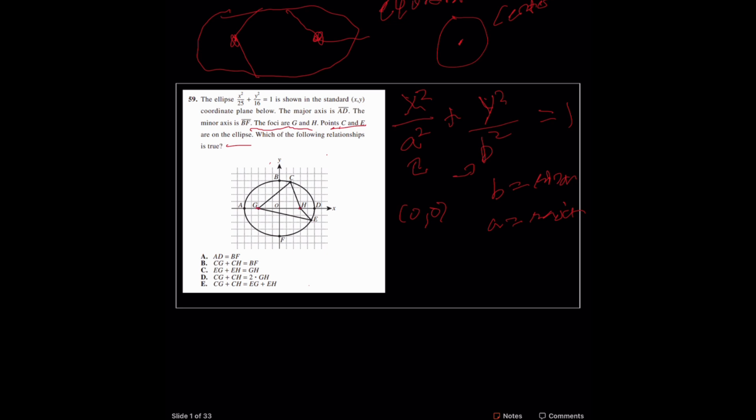And now it's asking which of the following relationships are true. So if you understand what the ellipse is and what the foci are, you know that any 2 points are equidistant. So we can technically say that G and C and G and E are the same distance. Sorry, I kind of did that wrong.